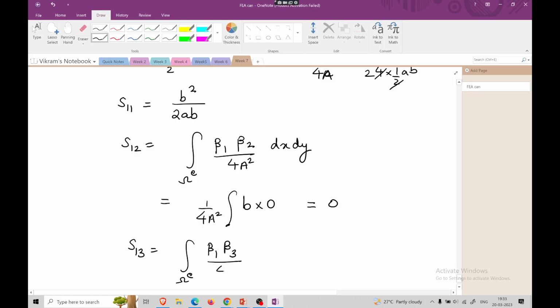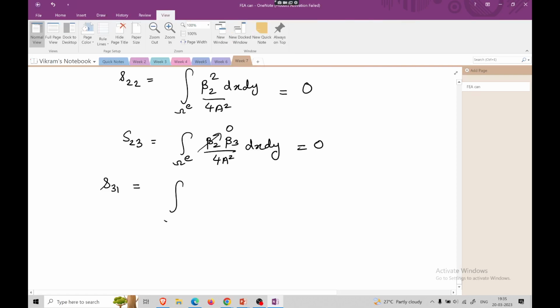What is S31? Beta 3 beta 1. This is nothing but S13, right? Same as S13. What was S13? Minus b square by 2ab. What is S32? Beta 2 is 0, right?